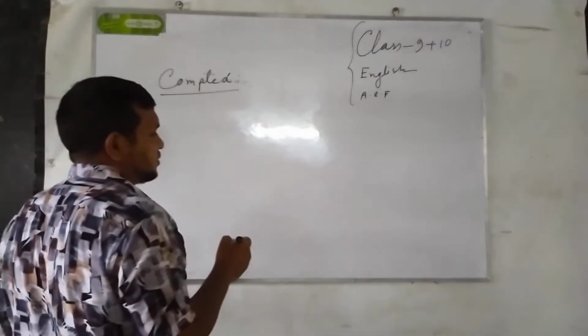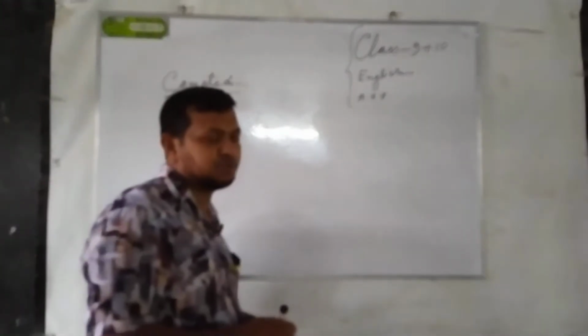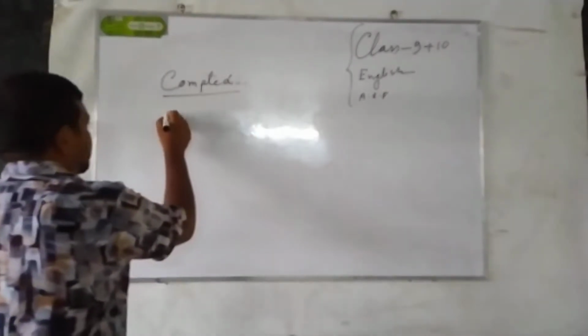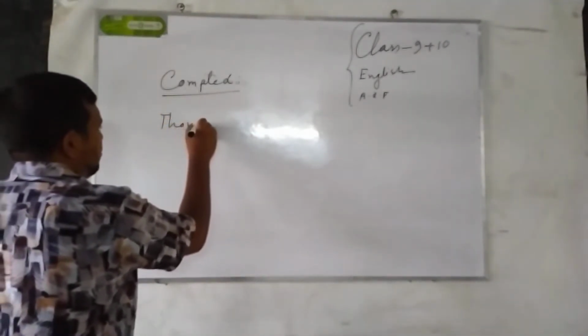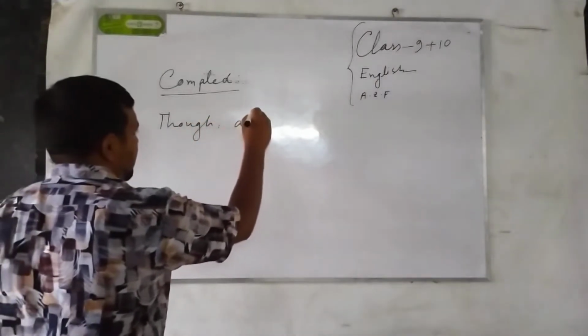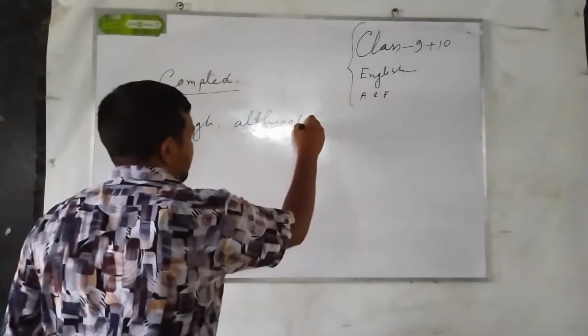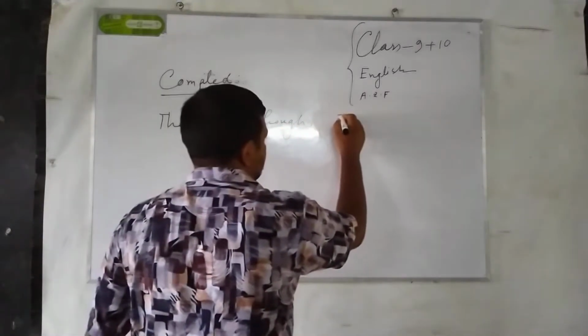A complex sentence uses many conjunctions, especially though, although, if.